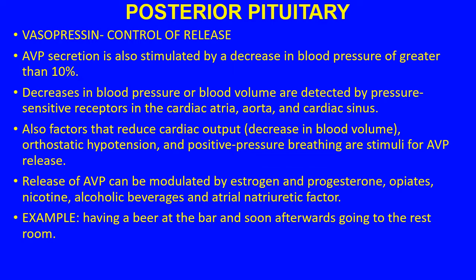It's the alcohol in the beer that turned off AVP release. It basically shuts it off for a short period of time as long as alcohol, ethanol, is present. And now what you're doing is producing a much more dilute urine, and that causes you to want to go to the bathroom. Okay?